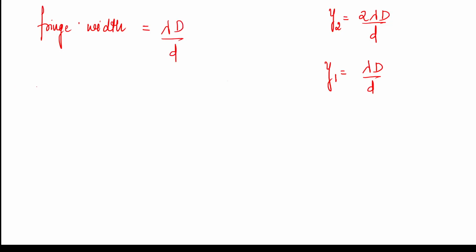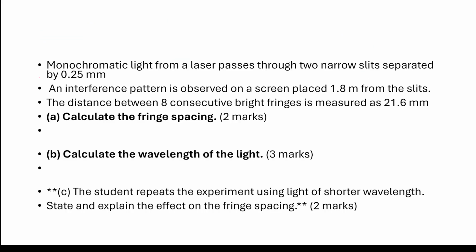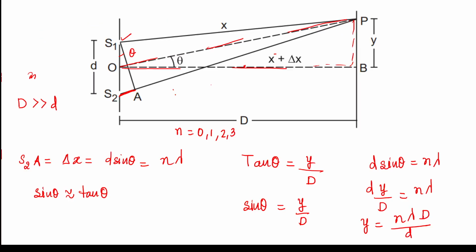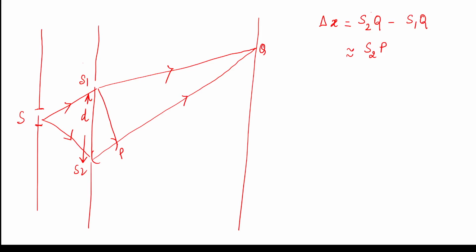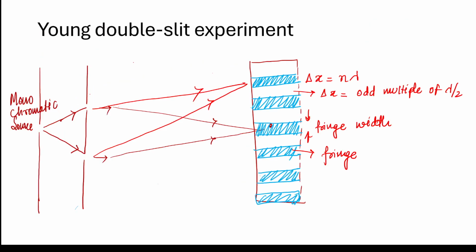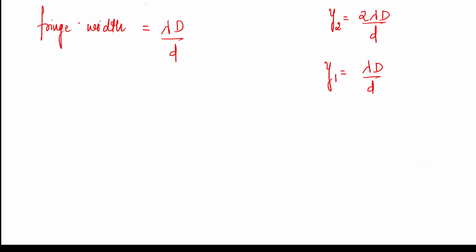So I can make my fringes wider if I take the screen away. If I increase this D, my fringes would become wider. If I want to make my fringes a little bit wider, I need to increase this distance D, or I need to decrease this distance small d. Or if I increase my wavelength, it depends on the wavelength too.